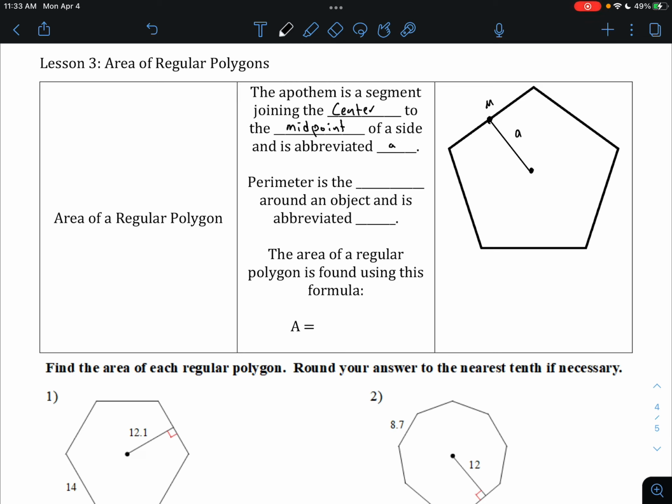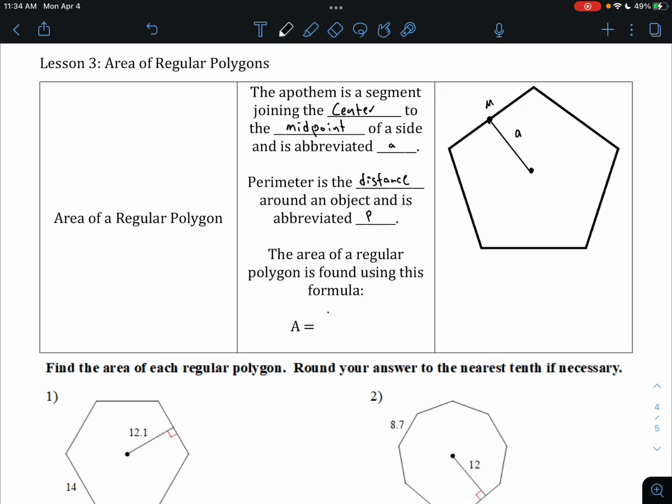Now the perimeter of something, remember, is the distance around an object. And you may recall that the abbreviation for perimeter is a capital P. Now once we have these two things, apothem and perimeter, we can use this formula.